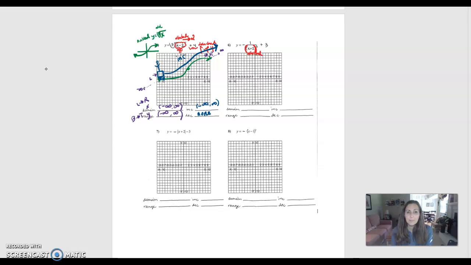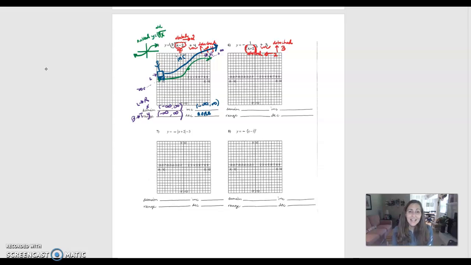So since this is a plus 2, it's actually going to go to the left 2. Okay? This number is detached from x. So it is going to move as we would expect vertically. And since it's a positive, we would expect that that would move it up 3, and that's exactly what's going to happen. It's going to move up 3.